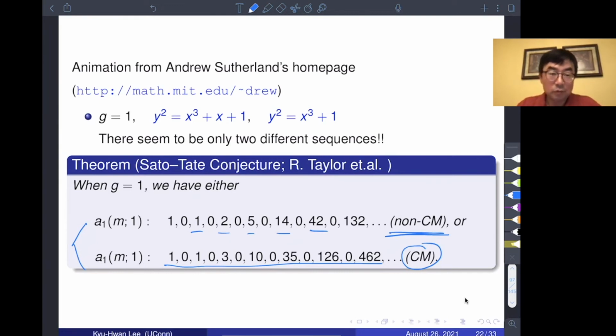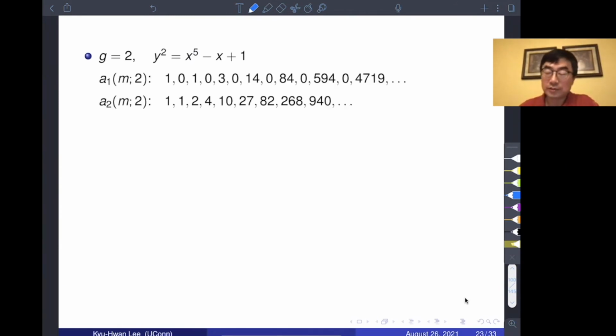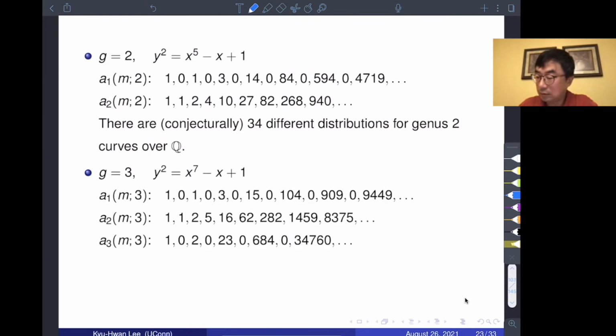It is not only for genus 1 curves. If we consider genus 2 curves, again we obtain moment sequences like this. How many different distributions do we get? It's conjectured that there are 34 different distributions for genus 2 curves. If we consider genus 3, then we obtain these moment sequences.